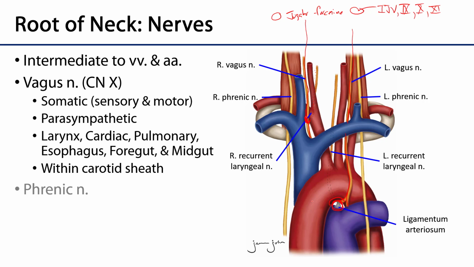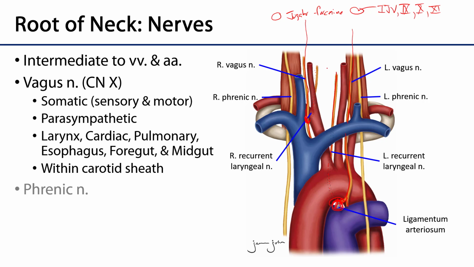The ligamentum arteriosum is a vestige of a vascular shortcut between the origin of the left pulmonary artery and the concavity of the aorta. In this case, it's just a nice anatomical landmark for where that left recurrent laryngeal nerve wraps around the concavity of the aorta before ascending up to serve the larynx.